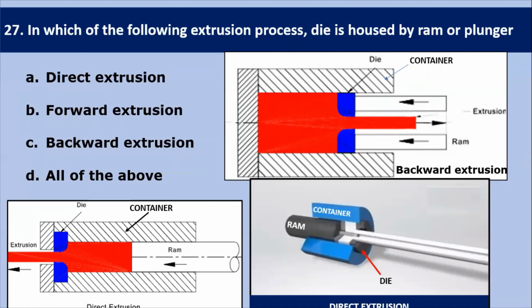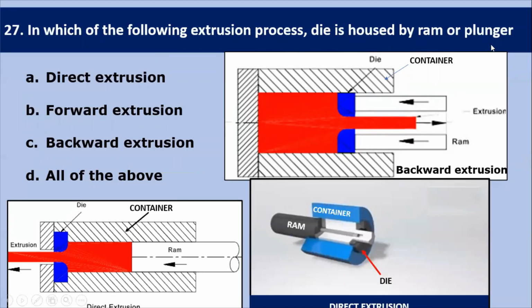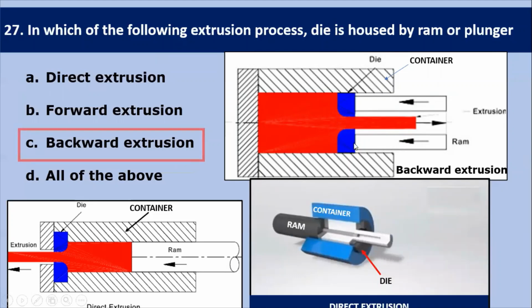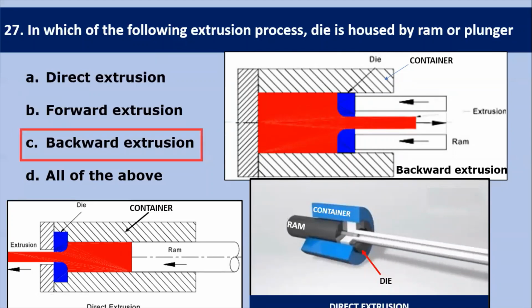But the question is in which extrusion process the die is housed by the ram or plunger. Now we'll come to this diagram. This is backward extrusion. In backward extrusion, the die is located on the ram, also called the plunger, and that's why in this case our answer is backward extrusion.